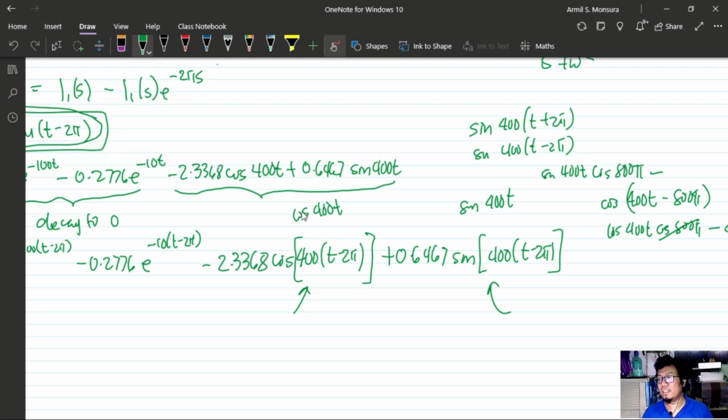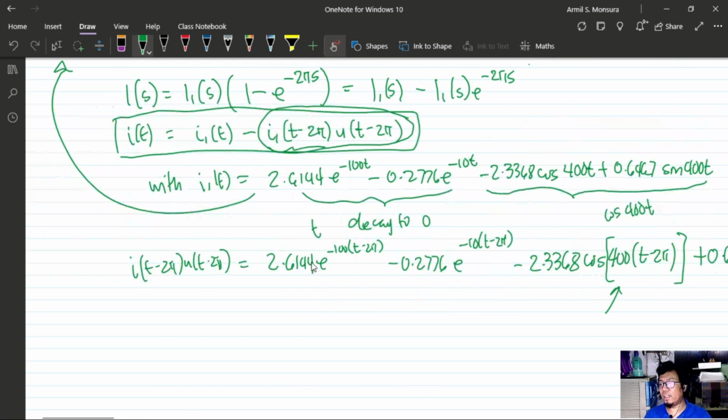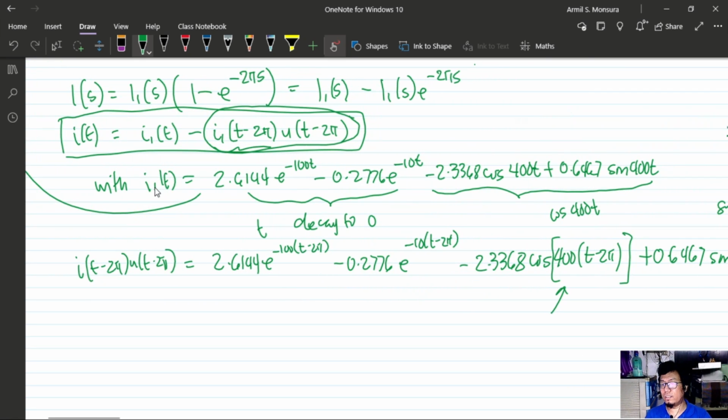Okay, so basically, itong dalawang to ends up to be, whether you delay it or whether they are not delayed, not shifted, or shifted by 2 pi, they end up essentially as the same. So, ang magiging difference lang talaga nila is itong dalawang to, yung exponential. Okay?